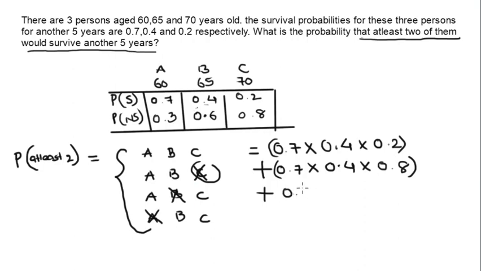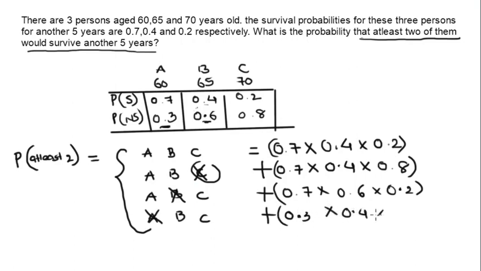A will survive. B will not survive. And C will survive is 0.2. Or the situation is possible. A will not survive. B will survive and C will survive.